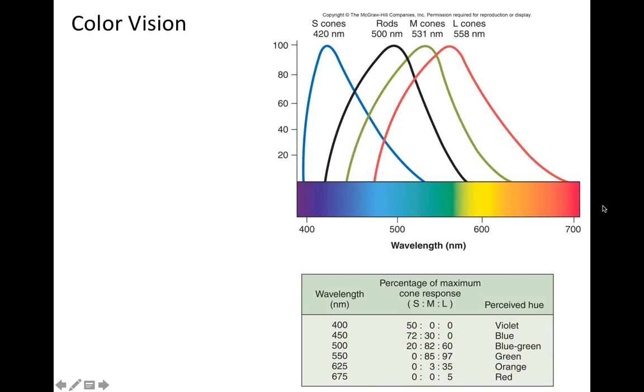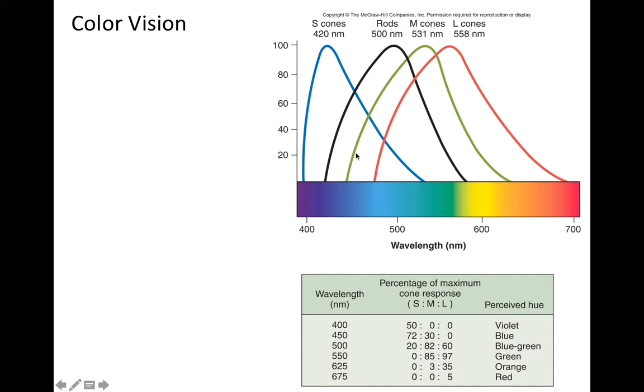All right, so let's talk color vision for a minute here. What we have here for color vision is basically 3 different types of cones. We have what are called short wavelength cones that deal over here kind of in the blues, purples, blues, maybe a little bit into the greens.